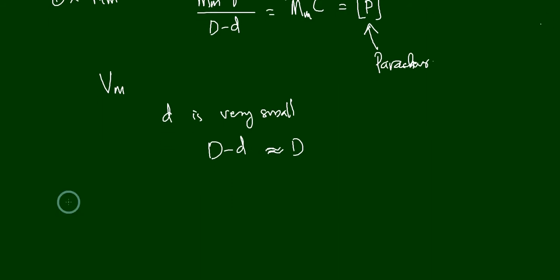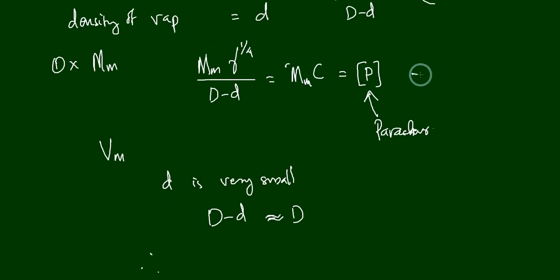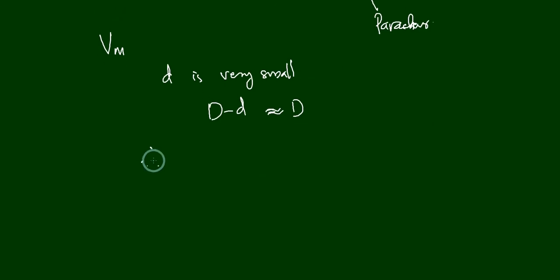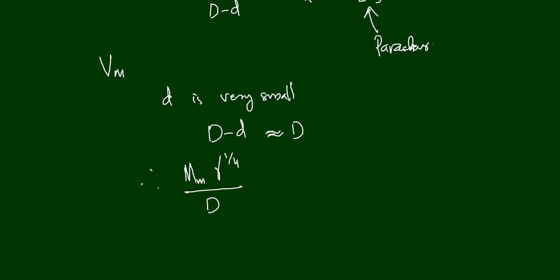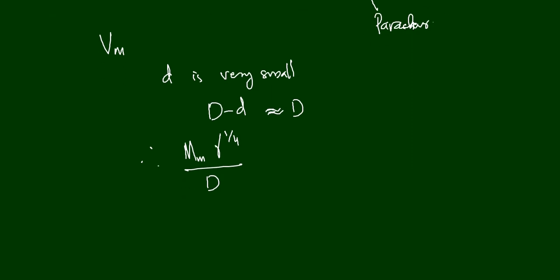And in that situation, we can write the above equation, that is equation number 2, the equation for the parachor, like M gamma raised to 1 divided by 4 divided by capital D. Instead of D minus d, we write D, that is equal to MC, which is equal to the parachor.